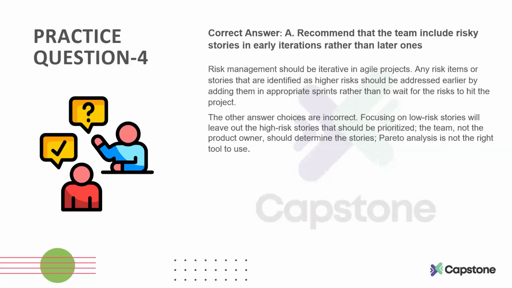Okay. Pareto analysis is not relevant here. Pareto analysis is not the right tool that we use to prioritize user stories. Pareto analysis is more on the side where you are trying to find out root causes. We call Pareto analysis the 80-20 principle as well, which suggests that 80% of problems, or 80% of things that happen around you, are basically caused by 20% of events or conditions.